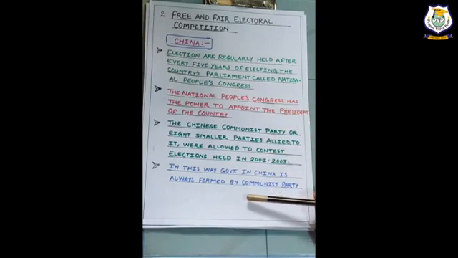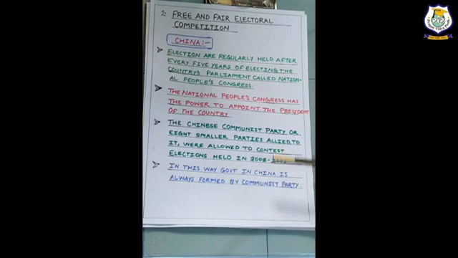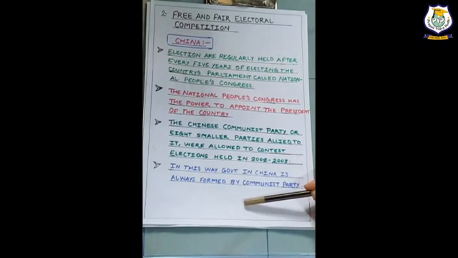After every 5 years, whenever elections are held in China, the government is formed only by the Chinese Communist Party. So in this way, we see that Chinese people do not have any other option to form a government. So we can say at last, China has elections but cannot be considered a democratic country.